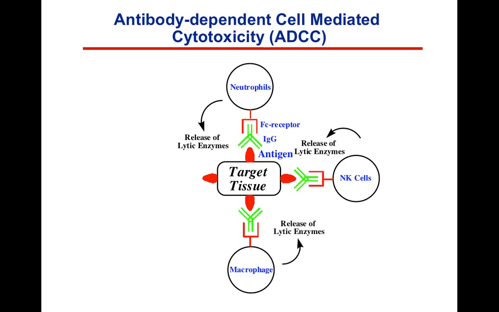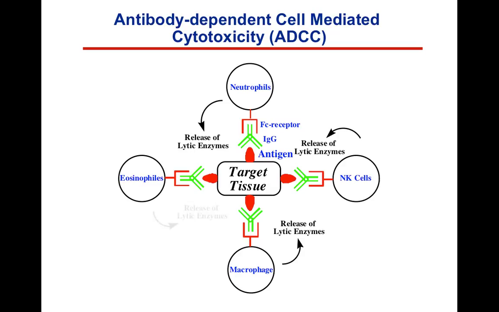Macrophages can do this as well, and if what they're grabbing onto is small enough, they will engulf it. So they can use this antibody FC receptor, if this was a bacteria or a virus or something, to bring it into the macrophage to do phagocytosis. They can also release lytic enzymes to destroy the tissue, if it was a tumor tissue, as these other ones can do.